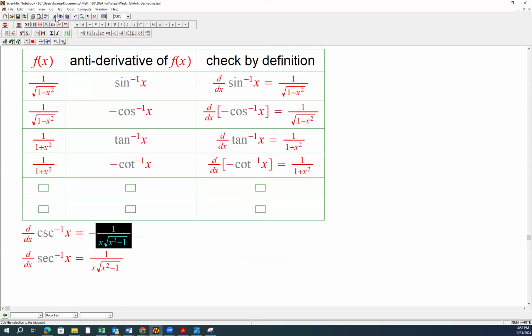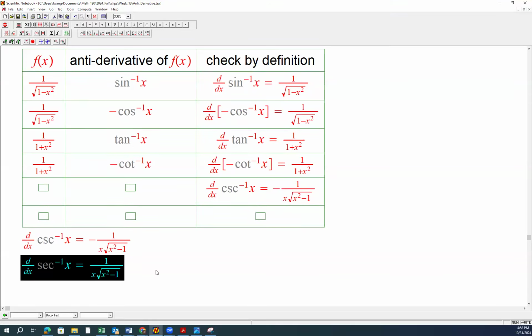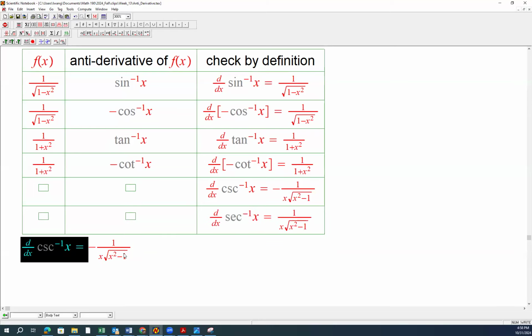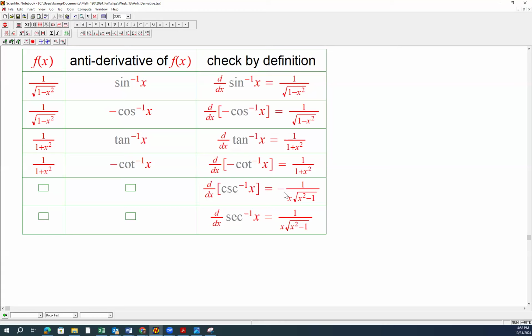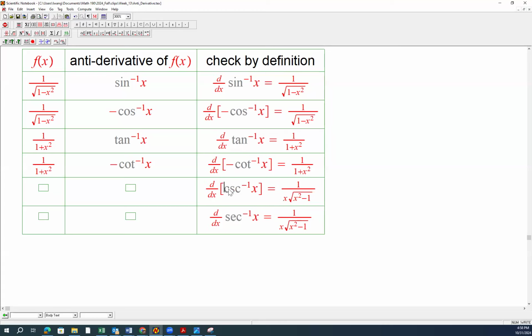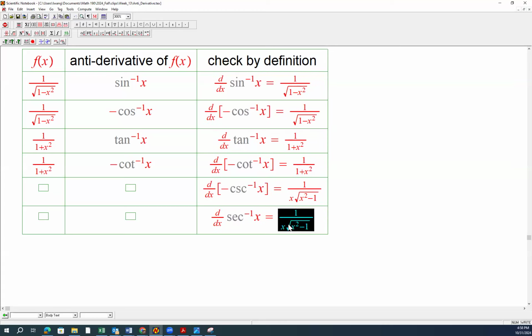We got two of these, arccosecant and arcsecant. So for this antiderivative, we bring the negative sign to this side, multiplying negative on both sides.